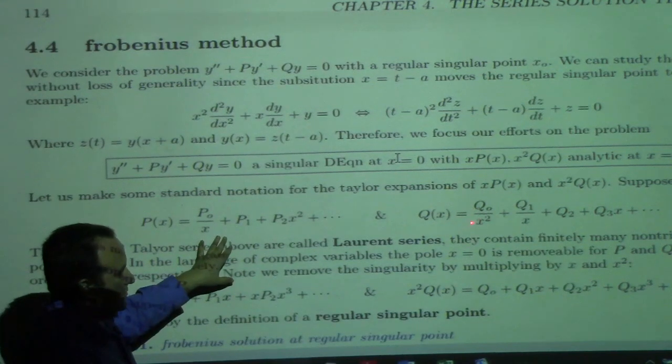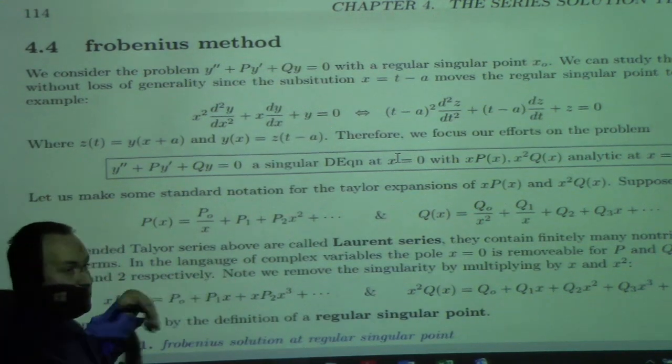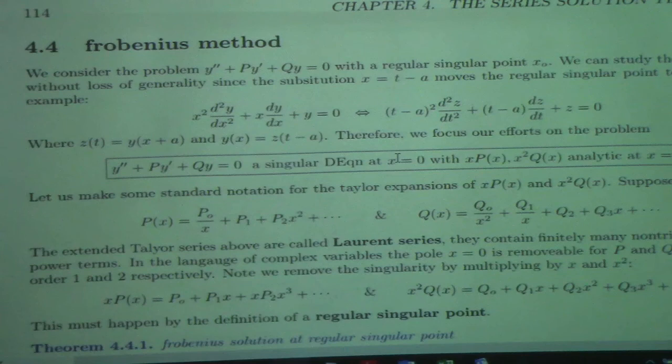The pole is said to be removable if you can multiply the function by a sufficiently large power to remove the singularity. So in the language of complex variables, what we're really saying is that p has a simple pole at 0, and q has a pole of order 2 at 0. Of the sorts of singularities you can consider, these are the most well-behaved ones. That's why they're called regular singular points.